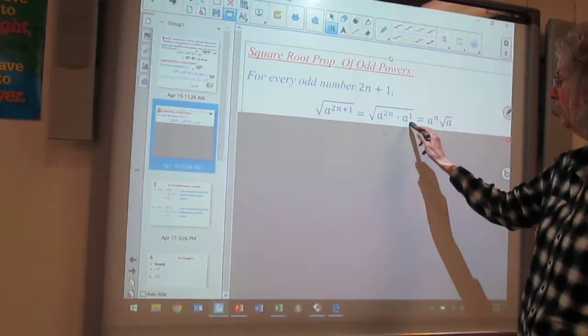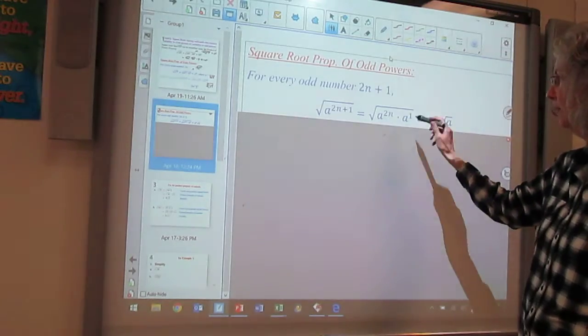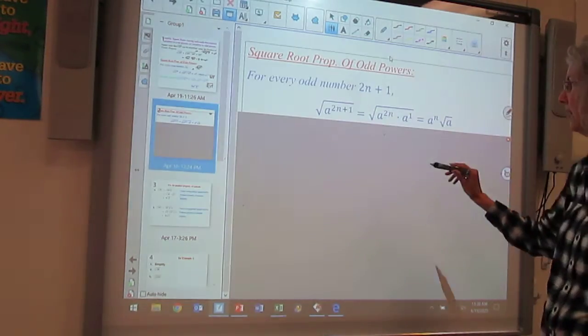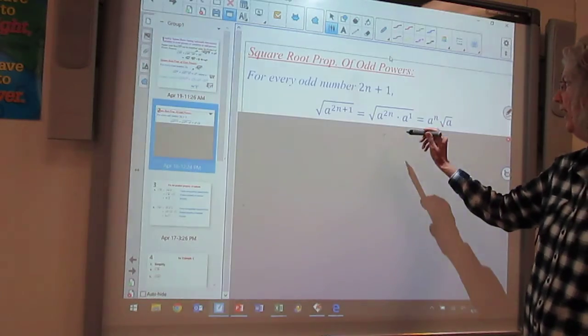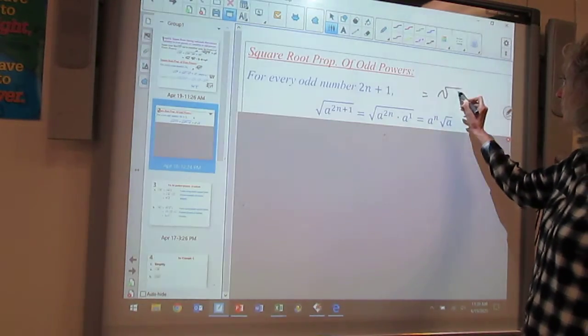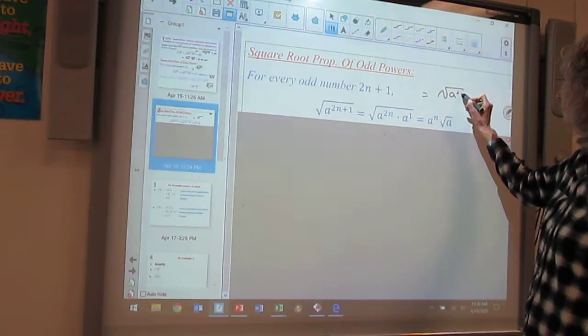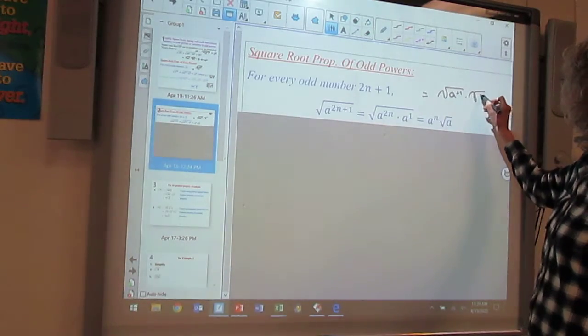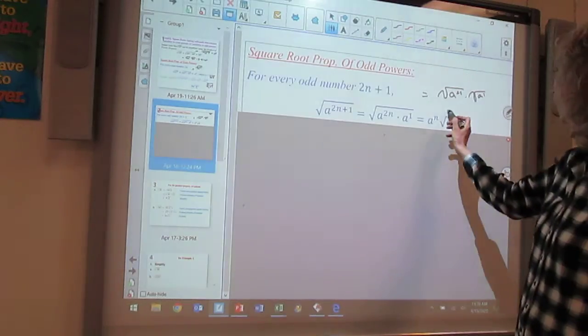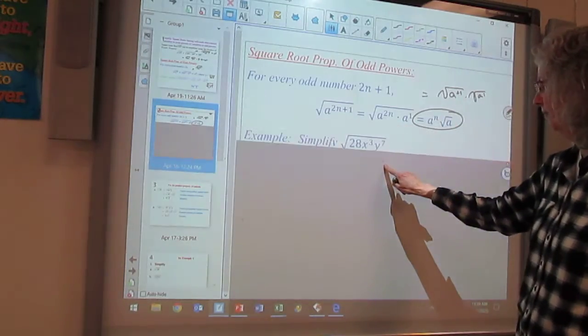The product here comes out to a to the 2n plus 1. Those powers add. We go back to the expression on the left. If we show the intermediate step, the square root of a to the 2n times a to the first is equal to a to the n times a, and there's your final answer.